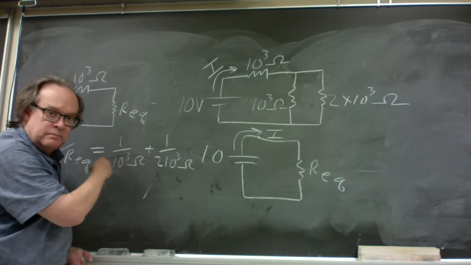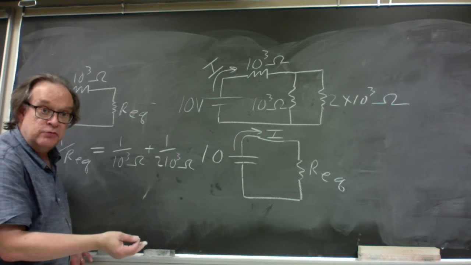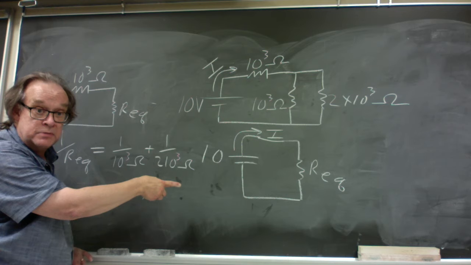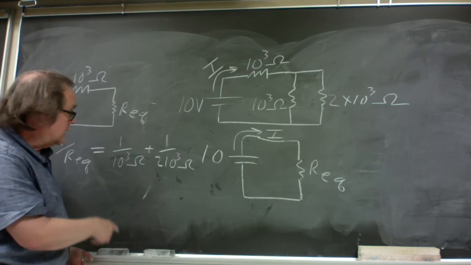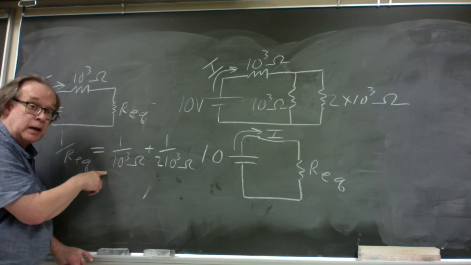And again, you're adding fractions, so you must have a common denominator before you can add fractions. The smallest common denominator is 2 times 10 to the 3, and we get that by multiplying numerator and denominator of this by 2.